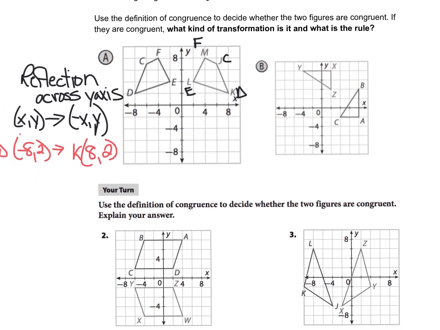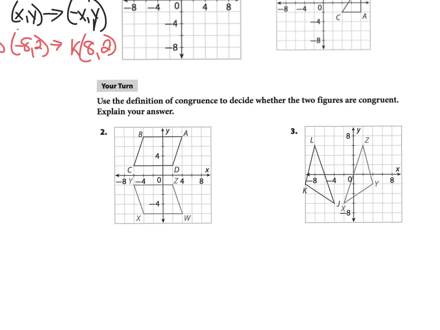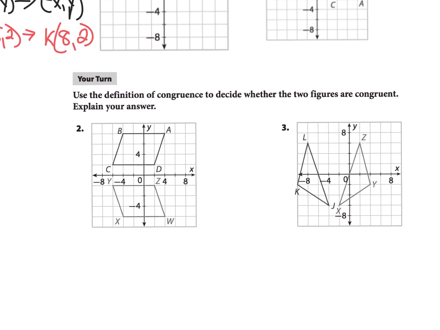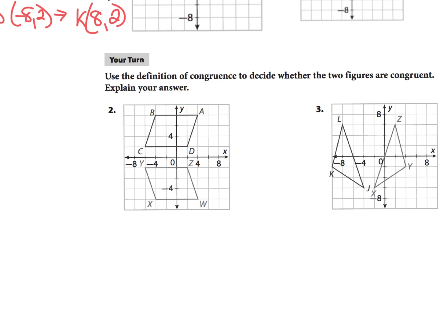Okay, so we'll do B in class. And then it says your turn. Use the definition of congruence to decide whether the two figures are congruent. Explain your answer. So again, if I'm looking at A, B, C, D, it is going to map to W, X, Y, Z. And I like to write the letters.